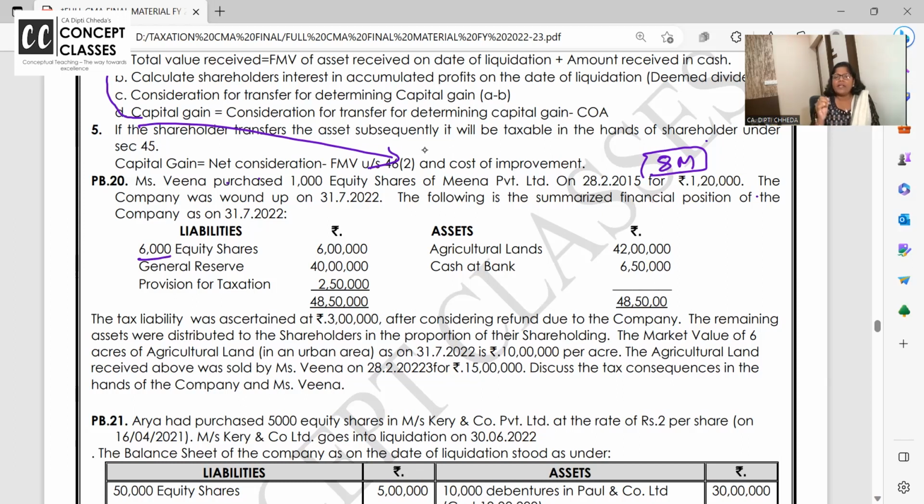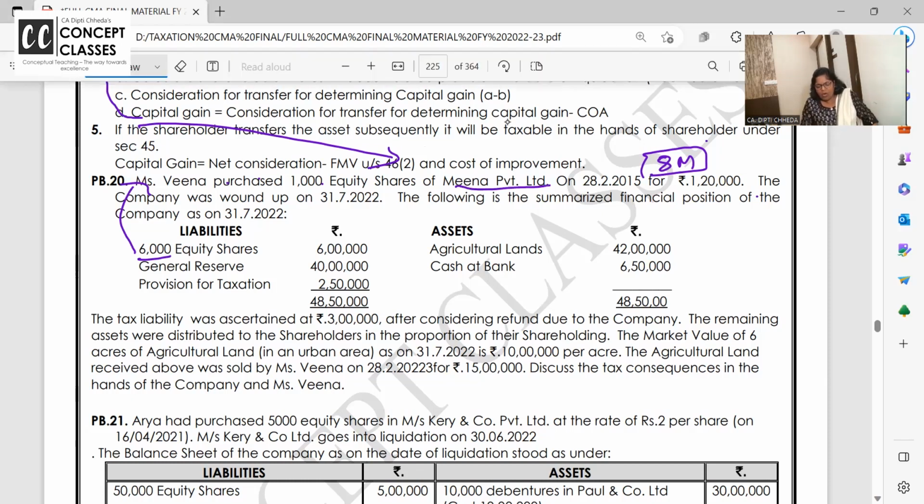The same problem is already there in your scanner for 8 marks. 6,000. Out of that, how many shares does Veena have? 1,000. So can I say 1/6? Reserves are 40 lakhs. Provision for taxation 250. The company has land, another private company's shares, and cash.